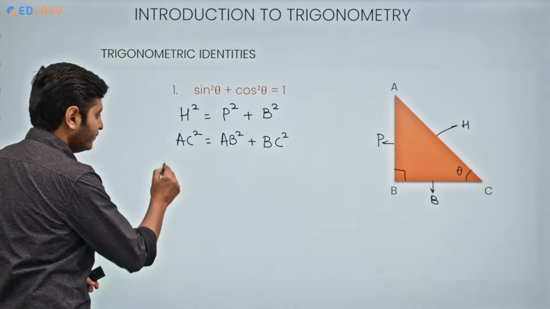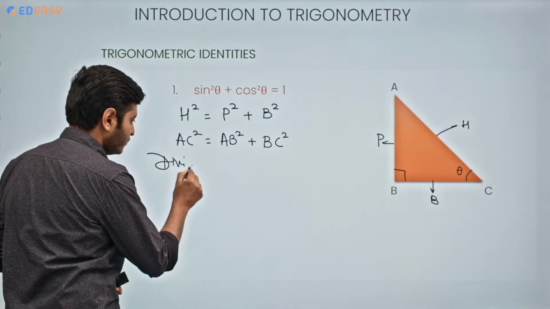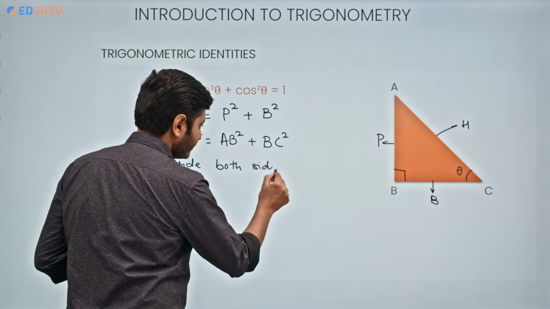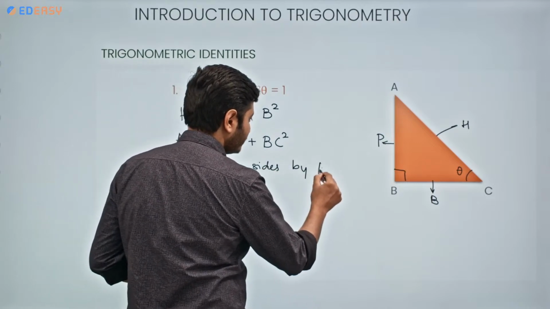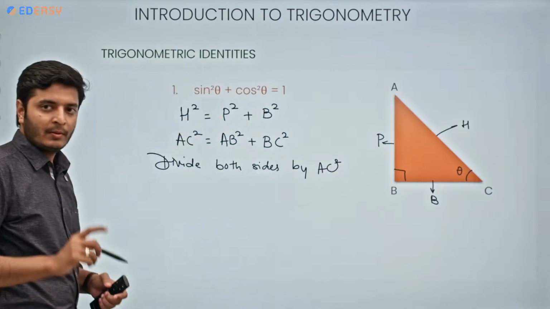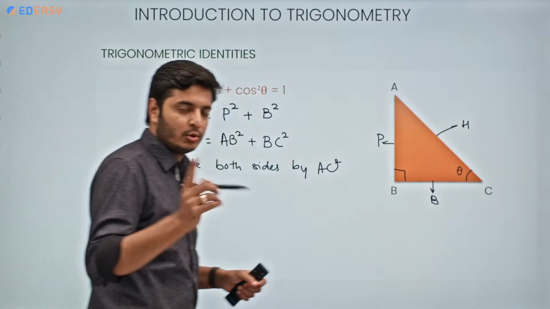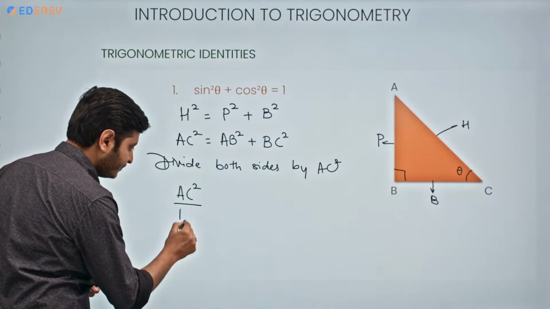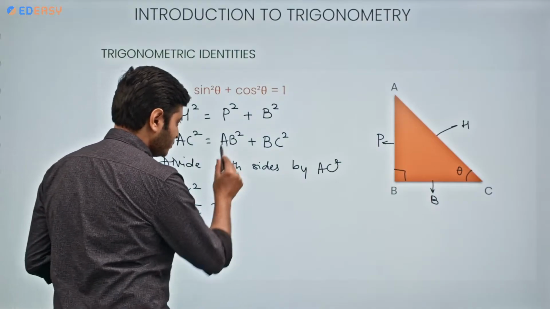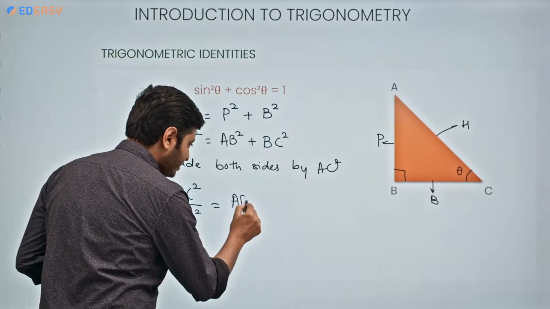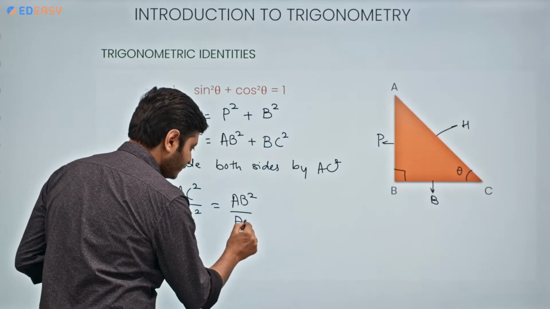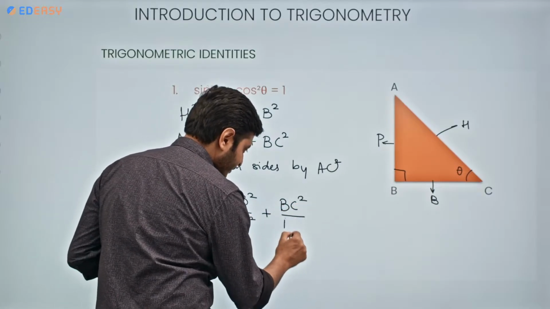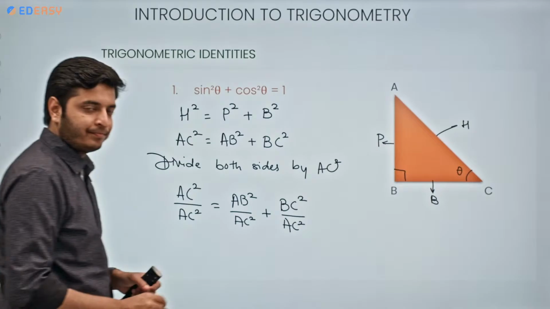So dividing both sides by AC square, it will become AC square by AC square is equal to AB square by AC square plus BC square by AC square.